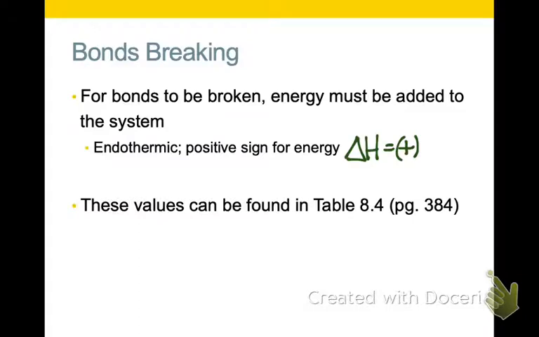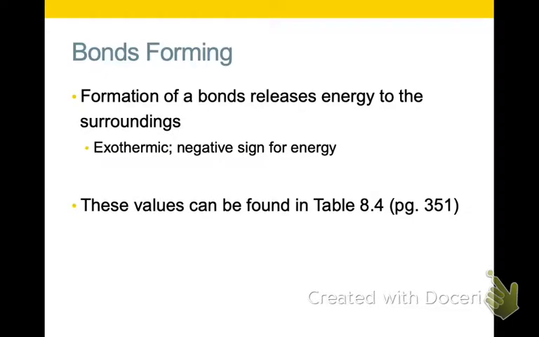And again, I've referenced here that table from your textbook, page 384, has table 8.4, and that lists several of these bond energies for bonds breaking and for bonds forming. And also when bonds are forming, energy is released to the surroundings. So if energy is released, we know that the result is exothermic, and that means our delta H value is going to be negative. So that's just a little review of things that we've talked about before.